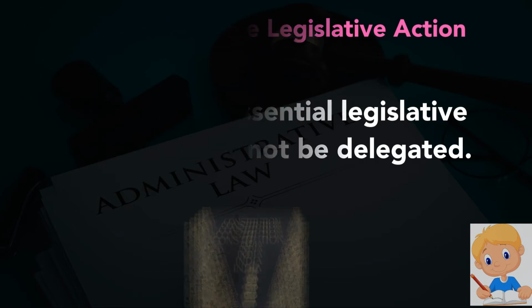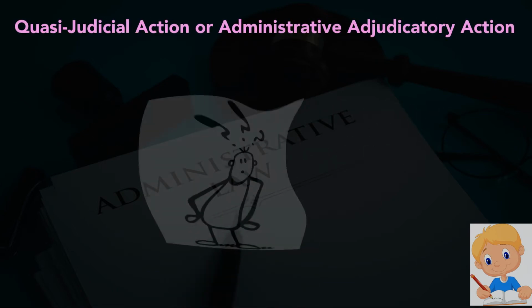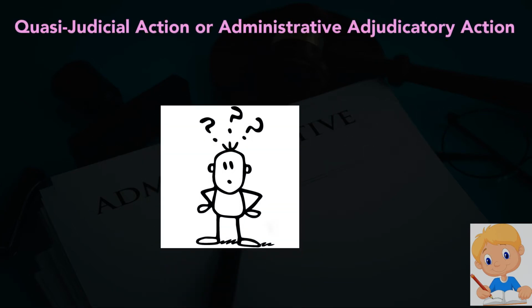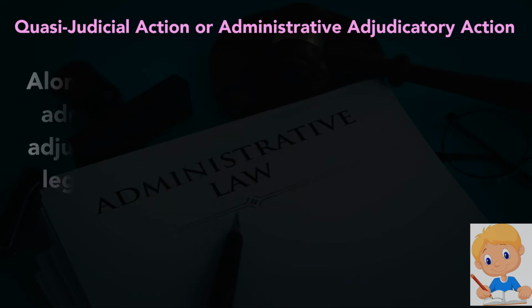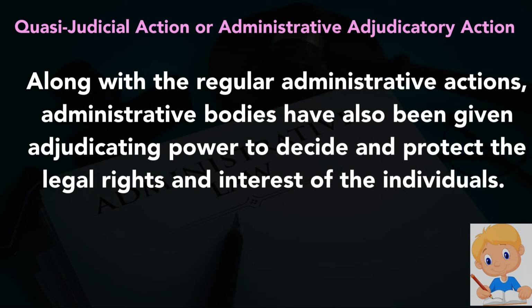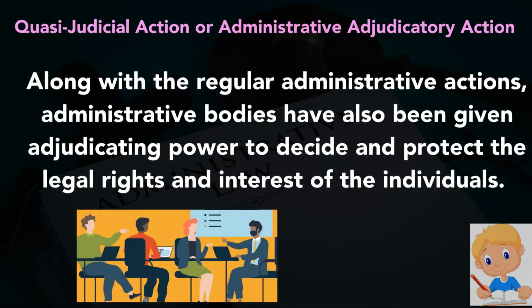Now, the next subtopic, that we have already mentioned above in the types of administrative action, is quasi-judicial action or administrative adjudicatory action. So what does it mean? Along with the regular administrative actions, administrative bodies have also been given adjudicating power to decide and protect the legal rights and interests of individuals.